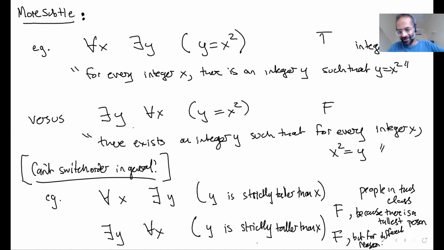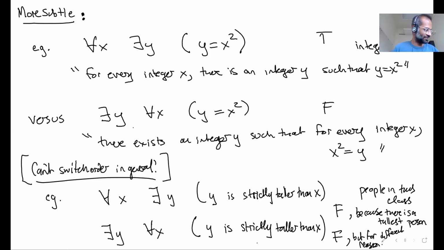Then I need that for every person in the class, including y themselves, y has to be strictly taller than them. But a person is not strictly taller than themselves, right? Yes, understood. Thank you.